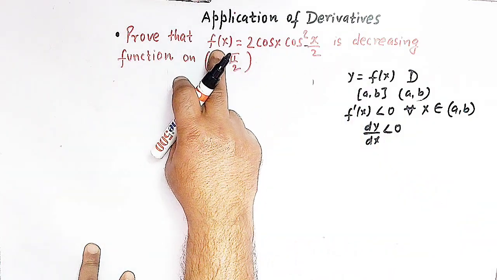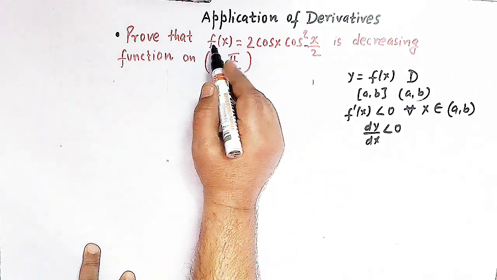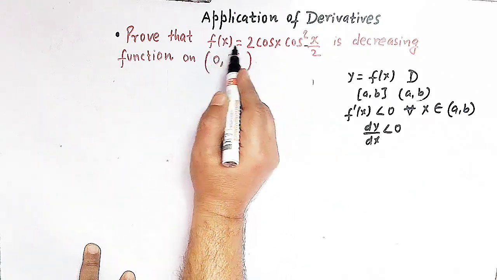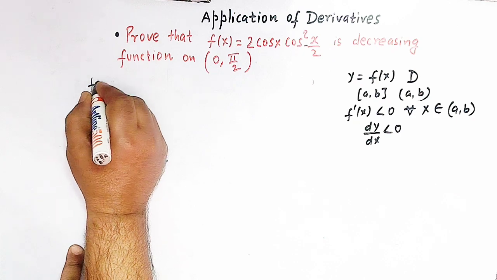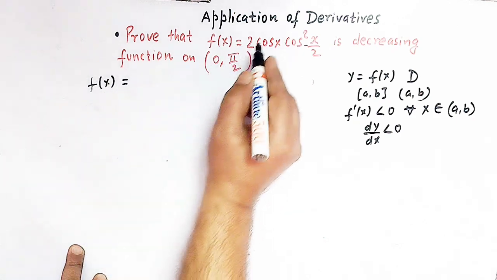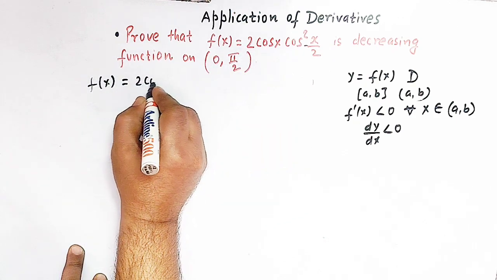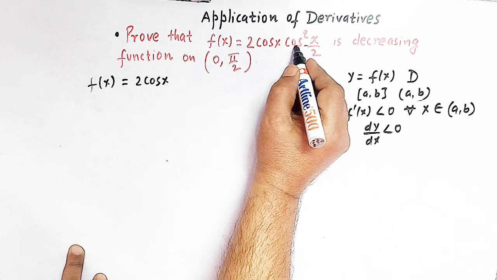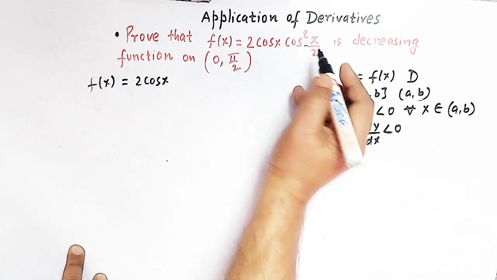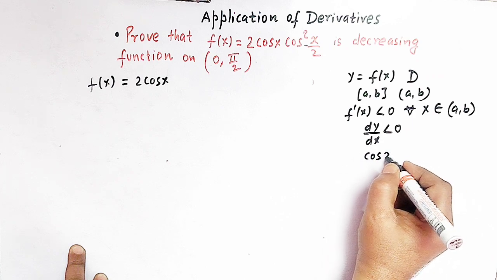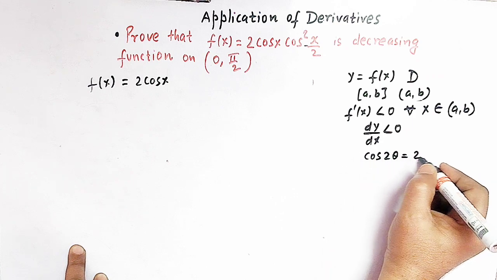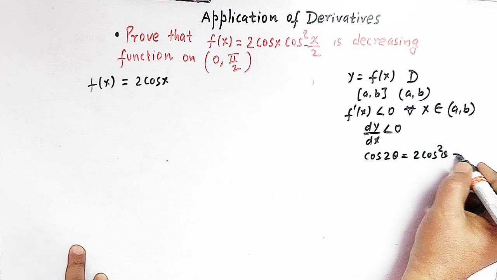So let us first rewrite this function f of x using an important trigonometric identity. So let us first write f of x as 2 cos x, and here we have cos square x over 2. Now from trigonometry we know that cosine 2 theta is equal to 2 cos square theta minus 1.